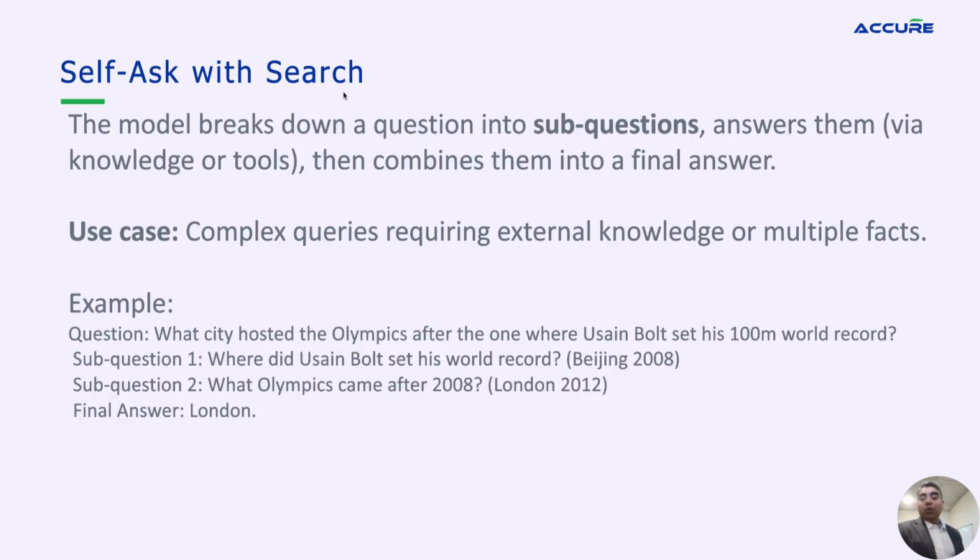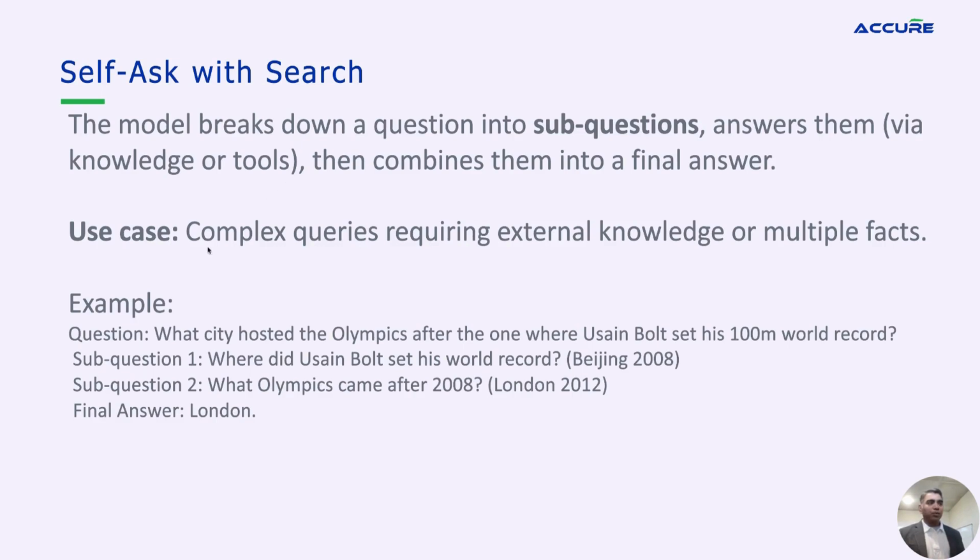Self ask with search. In this case, you break down a big question into smaller sub questions, answer them, and then combine them. Means a big question is broken into smaller questions, find the answer of each smaller question, and then combine the answers.